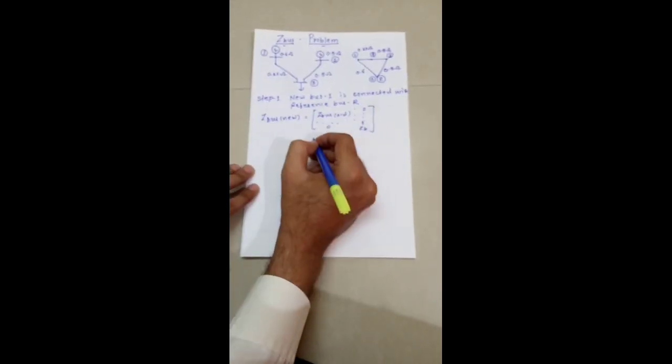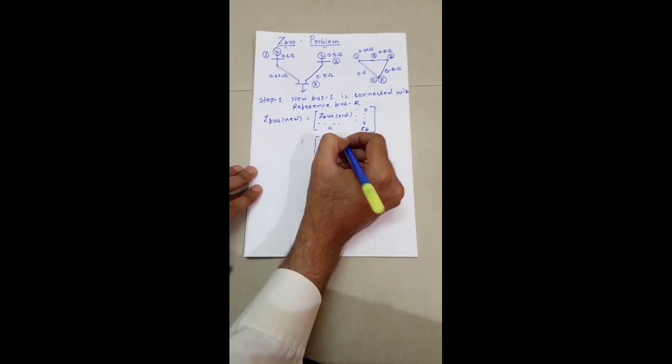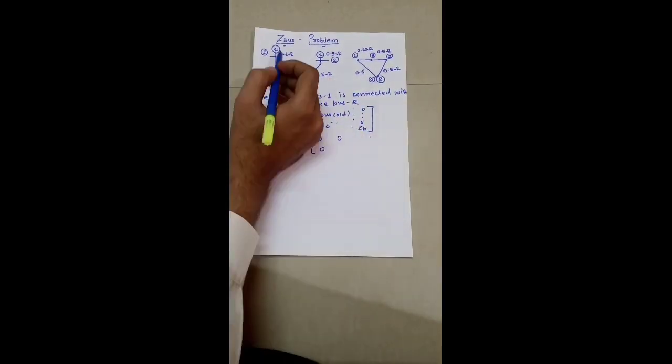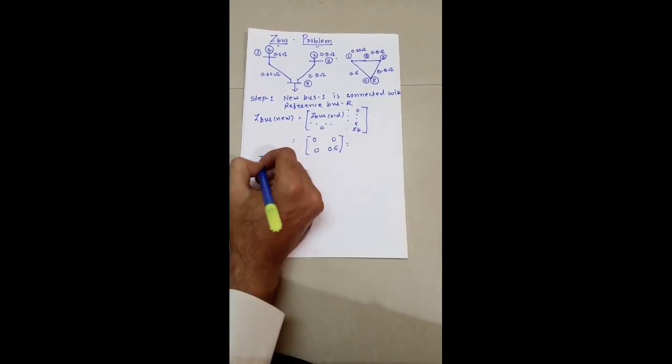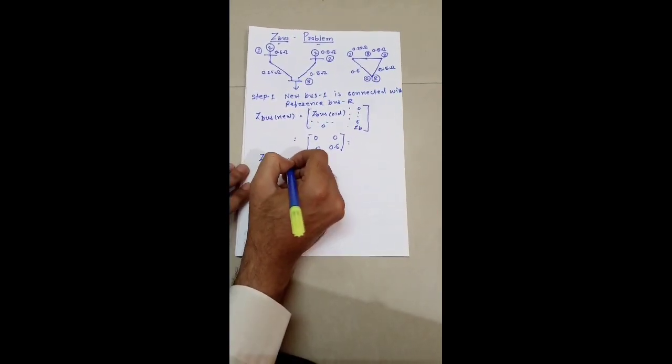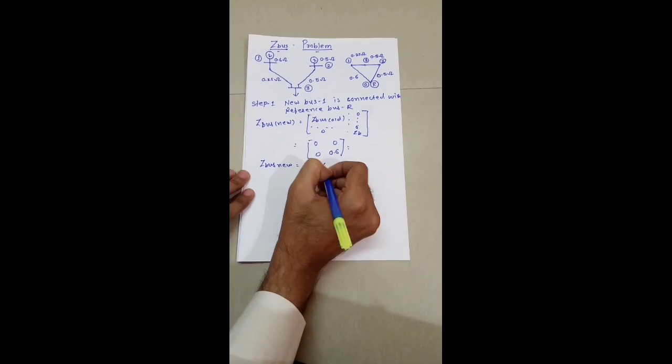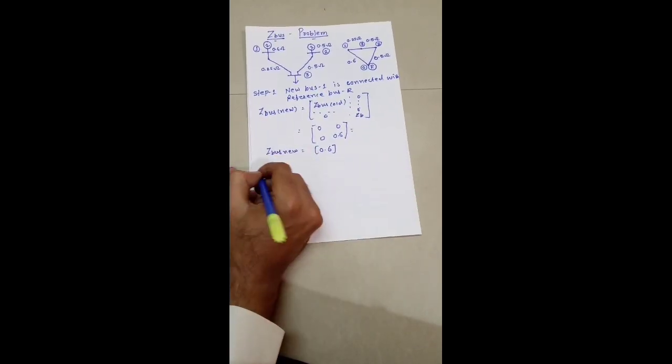Here Z bus old is 0 and ZB is the line impedance, that is 0.6. So the Z bus new is equal to 0.6.